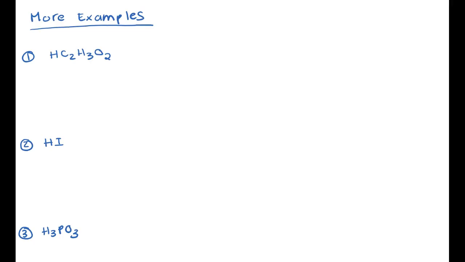Let's look at a few more examples. For our first example, the polyatomic that we have is acetate. Since it has an ate ending, it tells us that our ending in our base has to be ic. Just for practice, we know that acetate has a -1 charge.